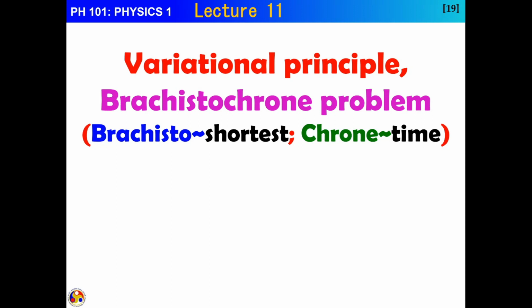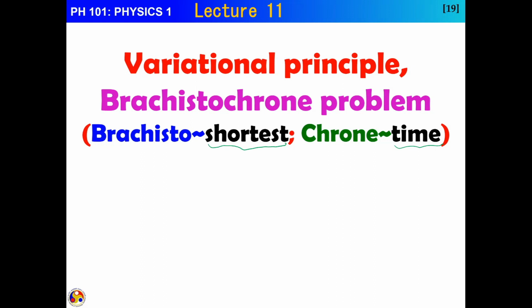This principle can be used to solve the problem called Brachistochrone. The Brachisto means shortest and the chrone is time. So this is the way of finding the shortest time for certain process.